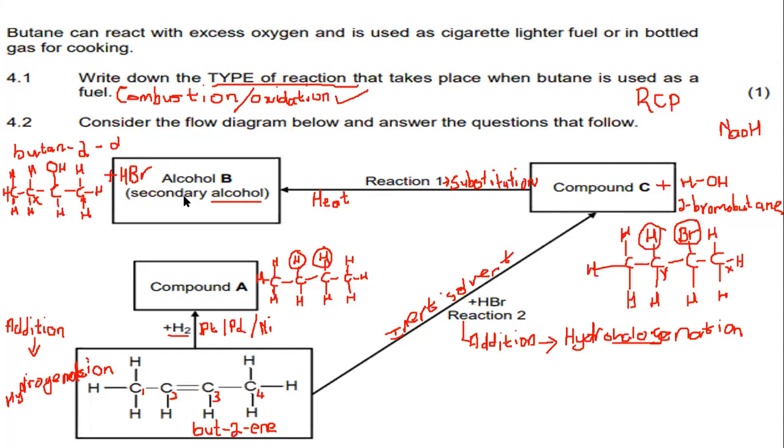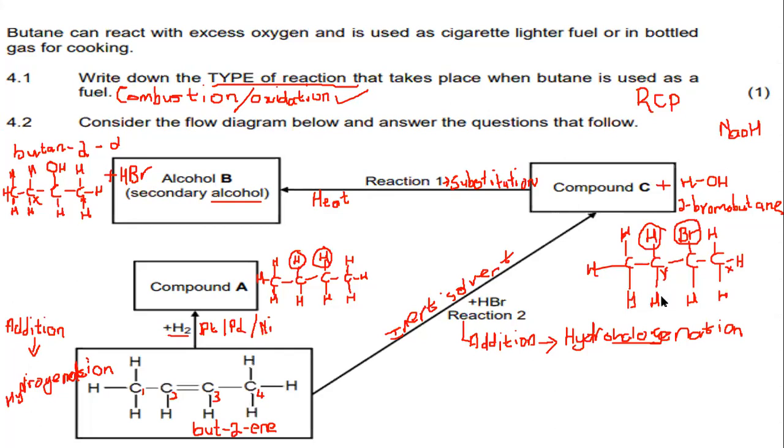And the inorganic product is HBr because we formed it. Or if we had used NaOH, then it would be NaBr, which is another product that is formed, but it is inorganic. This one, butan-2-ol, is an organic product, right?